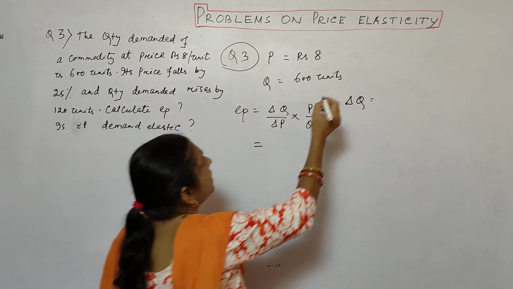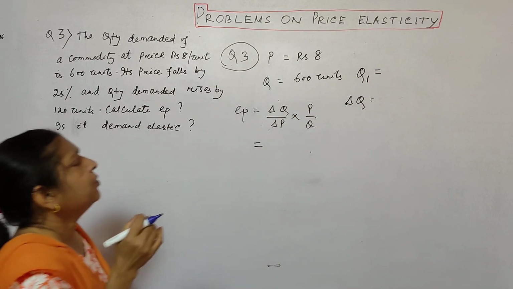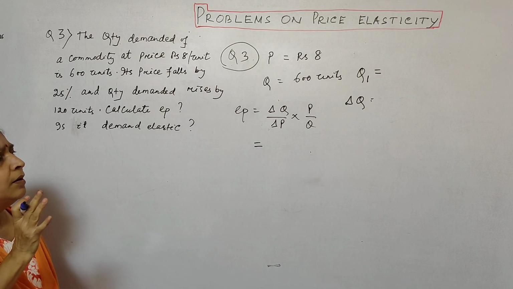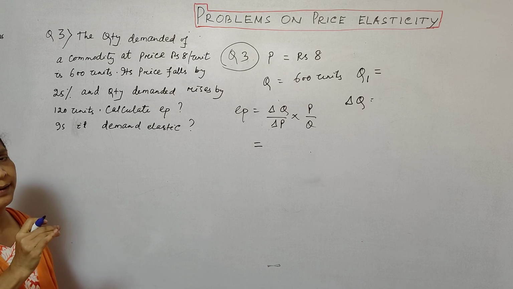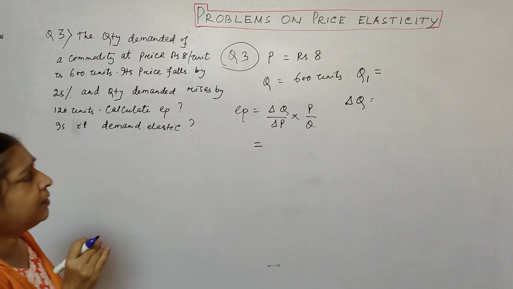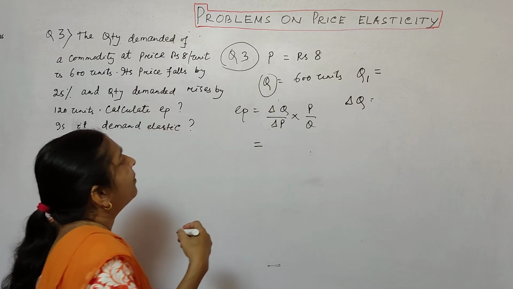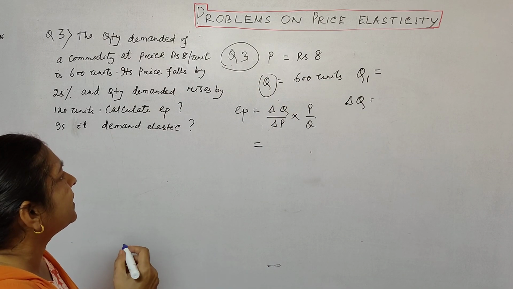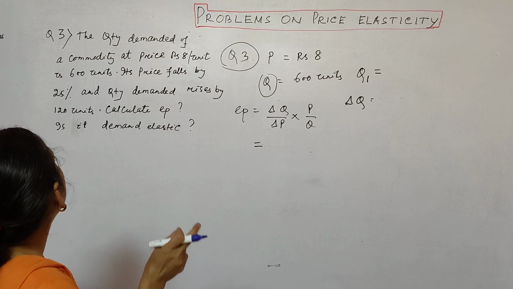Now, what is the value of Q1? In order to get delta Q, we have to know the amount of Q and the amount of Q1. Then only we can get the value of delta Q. We have Q, that means 600 units. Now we will find out what is Q1.